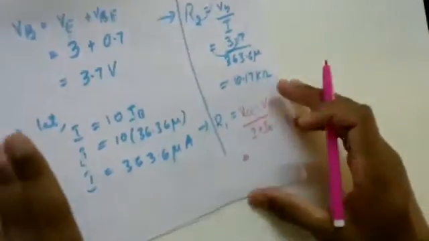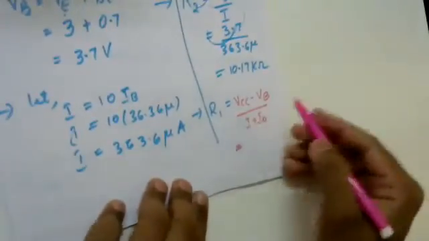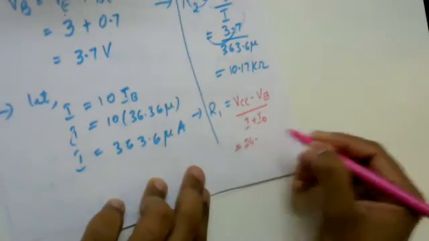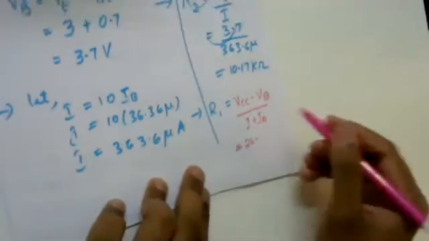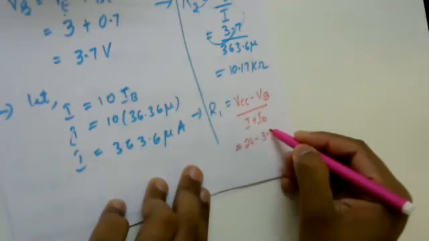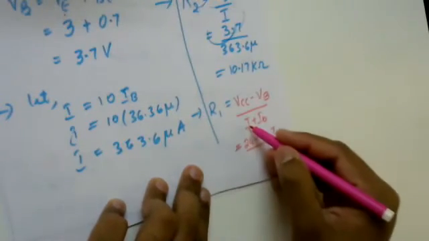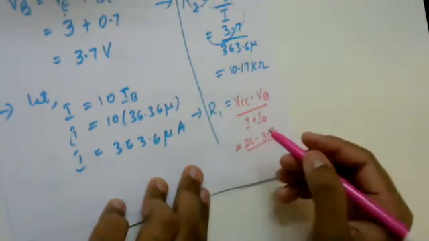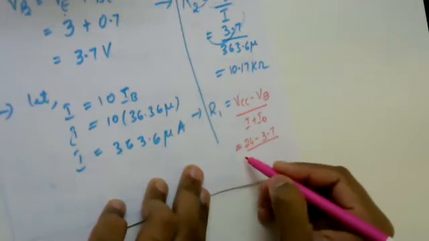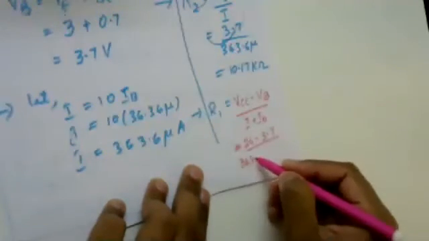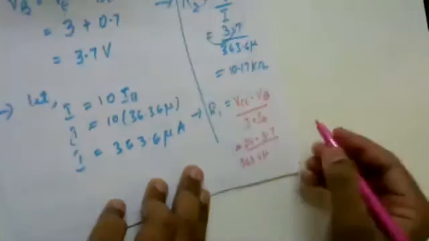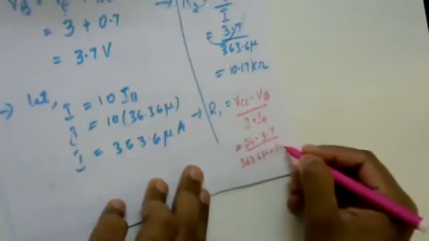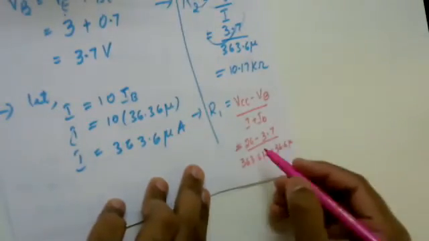Then what's the value of R1 now? I can simply write it here. I know the value of VCC is 24 volts. The value of VB is 3.7, divided by the value of I that we have computed, which is 363.6 microamps, plus 36.6 microamps.